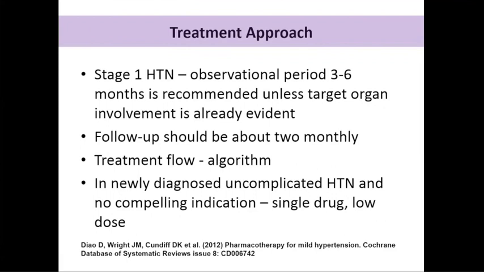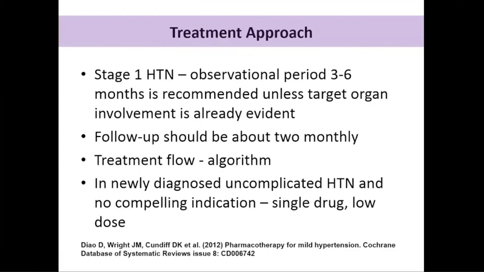For stage 1 in the elderly, we do consider therapeutic lifestyle changes, unless they have target organ involvement. Target organ involvement means they already have renal failure, left ventricular hypertrophy, retinopathy, all sorts of things, then we should treat them immediately.